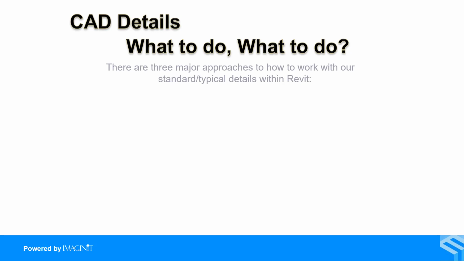So what do we do? How do we transition these CAD details properly? Well, there's three major approaches in how to work with our standard typical details within Revit. The first one, of course, is to redraw them in Revit.